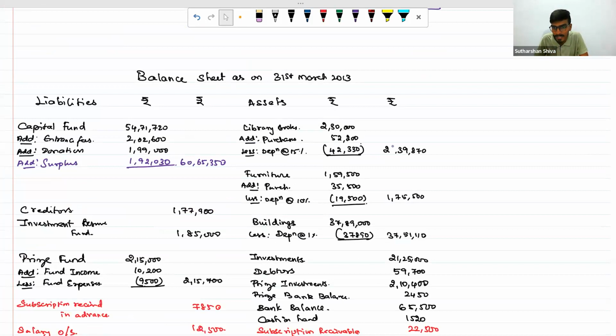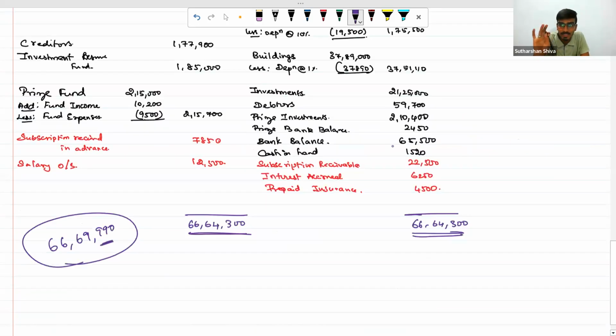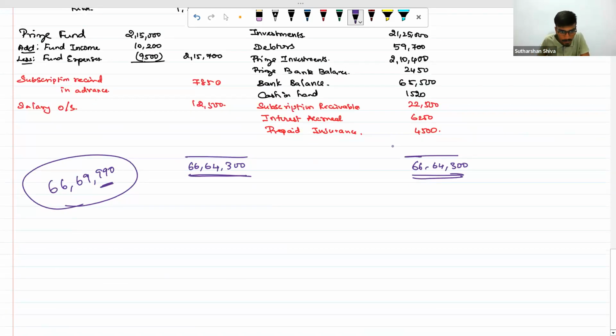Here, depreciation should be calculated in such a manner that on 2,30,000, we will directly apply 15%. What is the value? 34,500. Correct. On purchases of rupees 52,200, we will apply 15% into 6/12, because we will assume it is 6 months. Whatever assumptions we take, we will write it in notes.